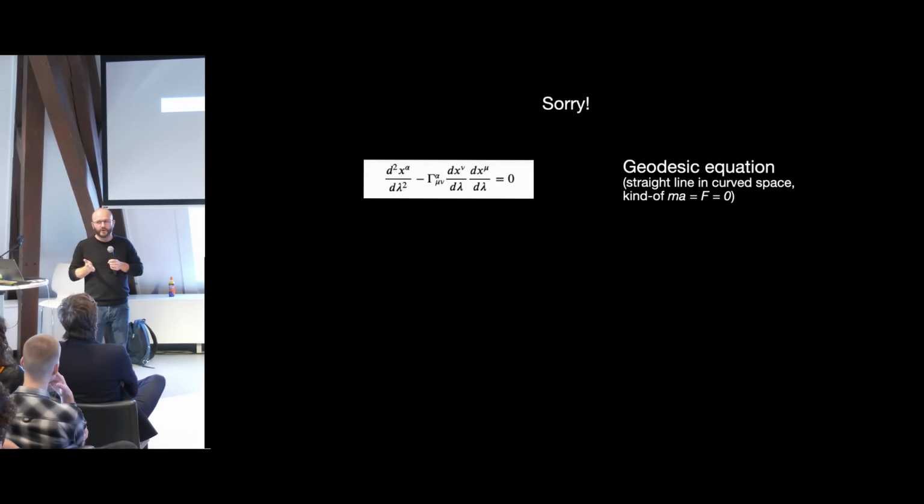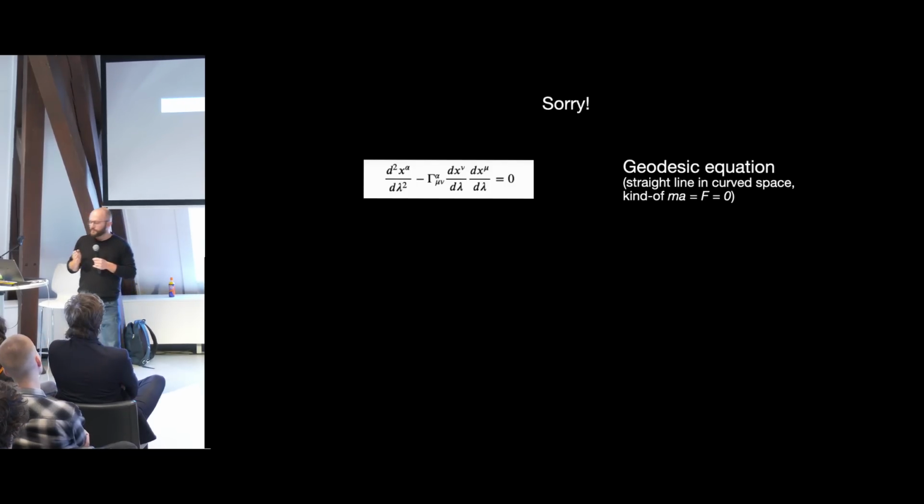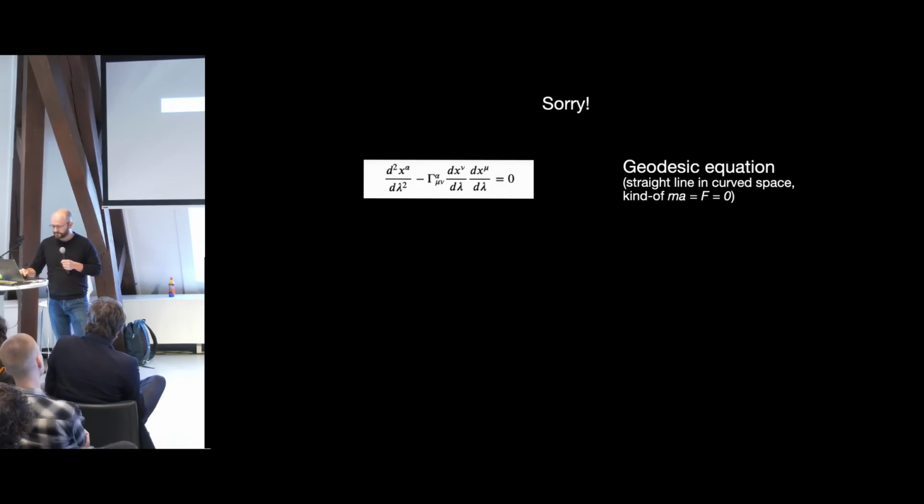And then, my apologies, this is one slide with equations, just for the couple of people who like that, if there are any. This is the equation for a geodesic. This might look like whatever, but this is actually very similar to one of the equations of Newton, namely that the mass times acceleration is the net force acting on a body, but then when there are no forces.